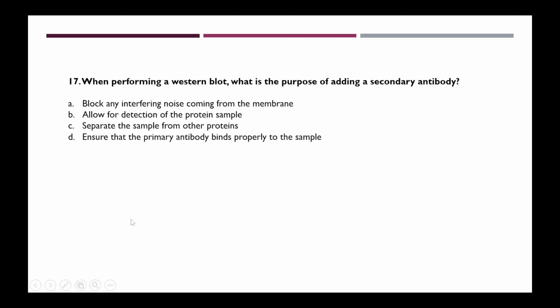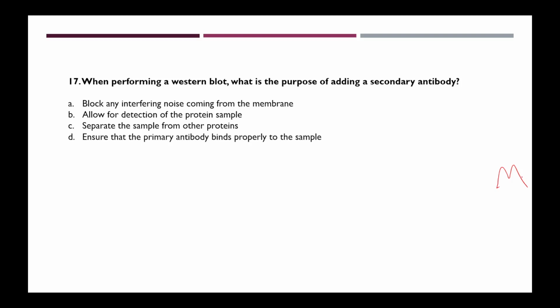So why are we adding the secondary antibody while performing Western blot? Any idea? To ensure that the primary antibody binds properly to the sample.